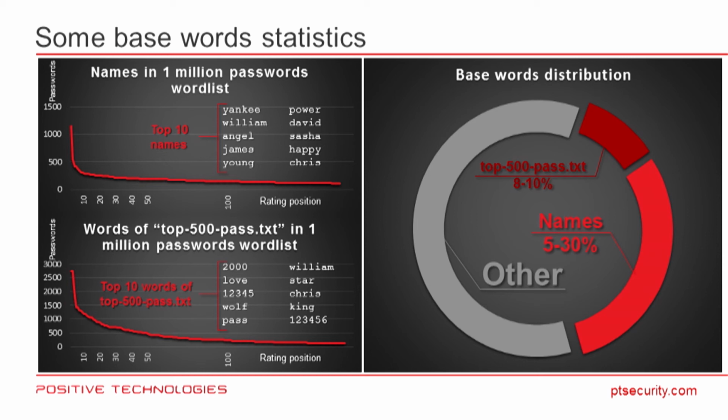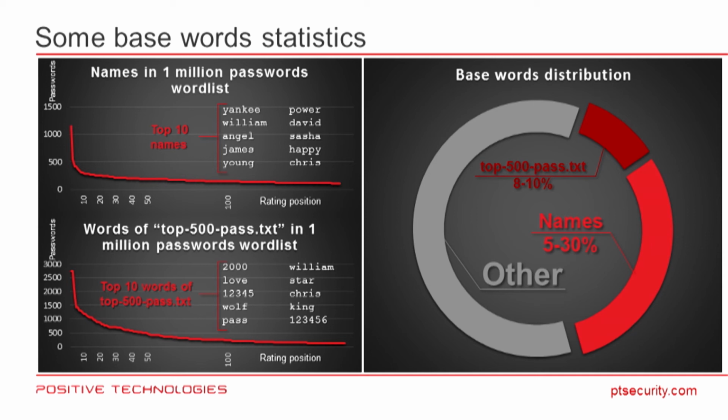Right here on the chart we see the top 10 names used for passwords. The second chart is showing you the distribution of top 500 words.